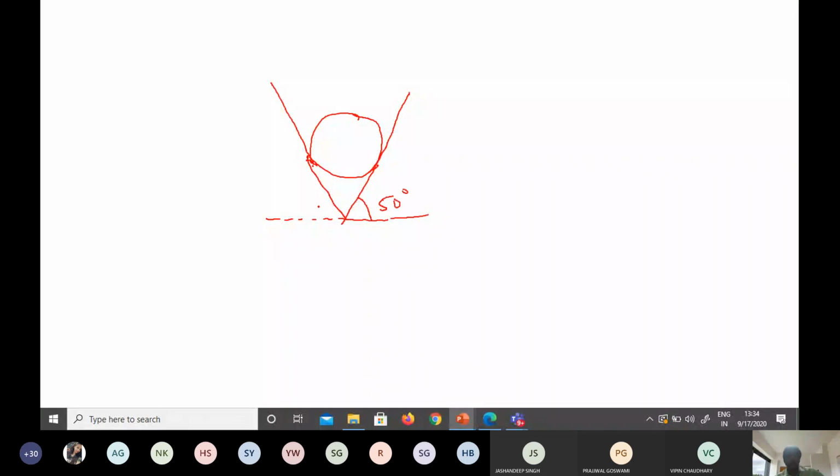This angle was, how much was it? 25. This point is A, this point is B, and let us say the weight of this cylinder, which is acting downward, is 40 kilonewton. I am taking the value here, I am not taking the W here.